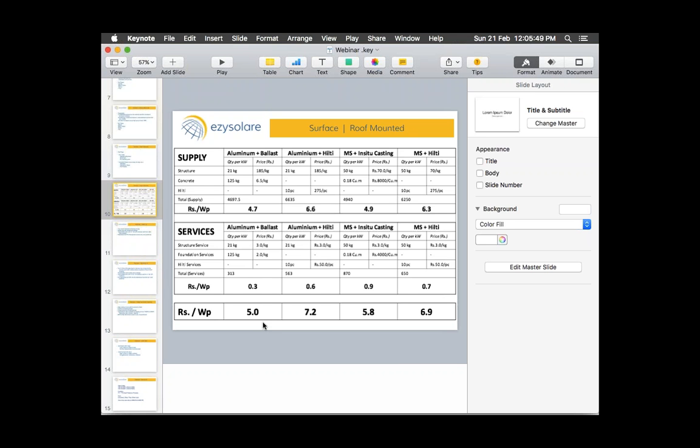I think one of the questions that was also there was on rooftop structures for industrial sheds. Okay, so coming to the industrial sheds, once again, the consideration we take is the kind of profile on the industrial shed.